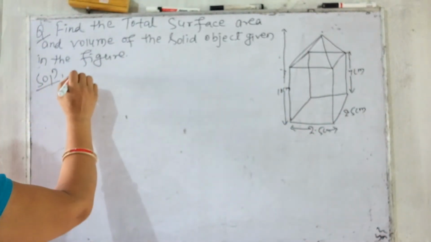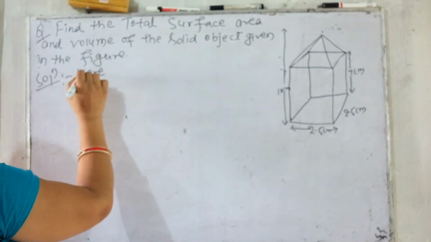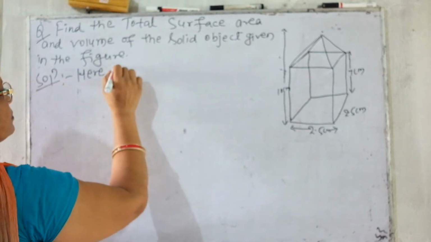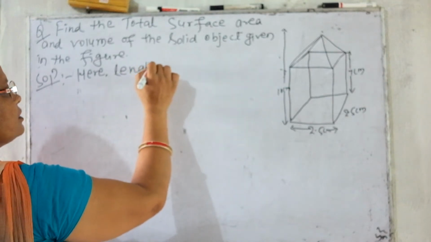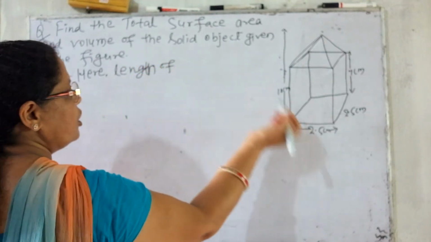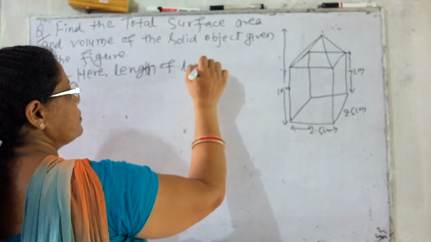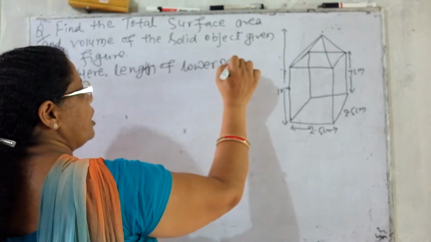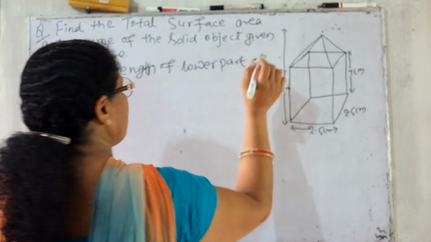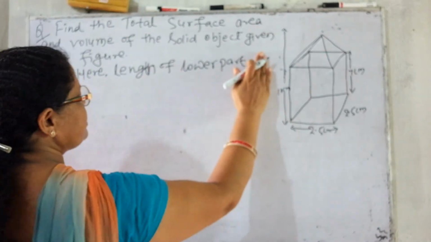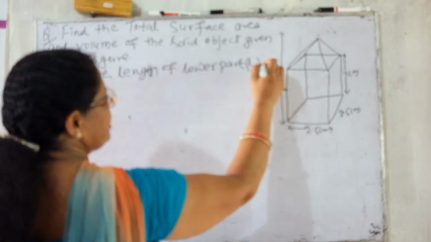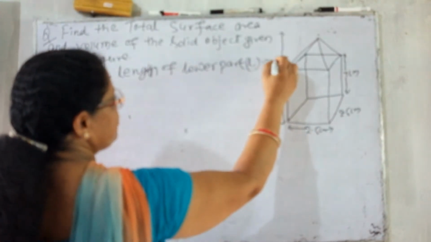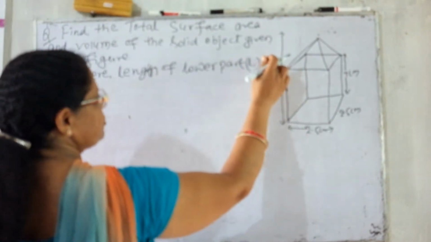Solution. Given: length of the lower part, L1 equal to 2.5 centimeter.